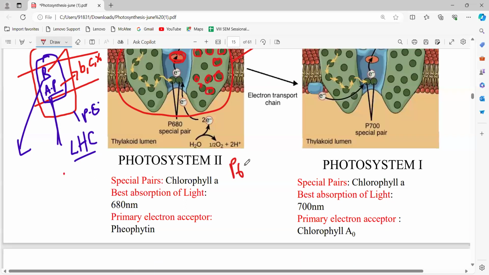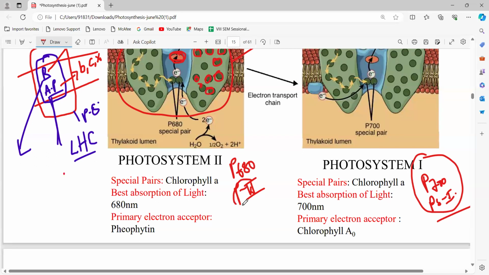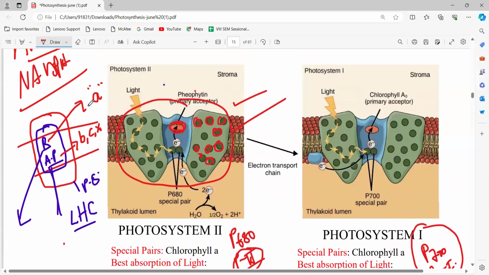Why do we always say P680 for photosystem 2, and why do we always say P700 for PS1? The reason is that photosystem 1 was discovered first, that's why we call it PS1. Photosystem 2 was discovered second, so we call it photosystem 2. But as we discussed, the reaction center of any photosystem basically contains what?